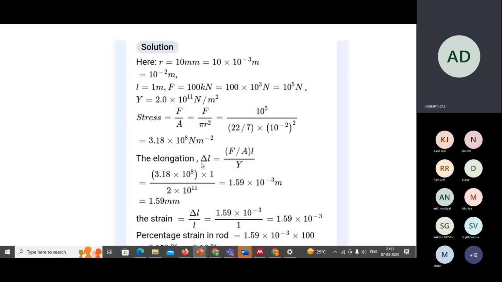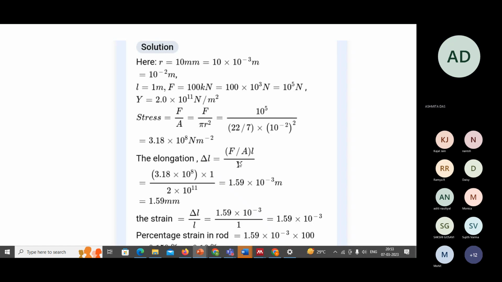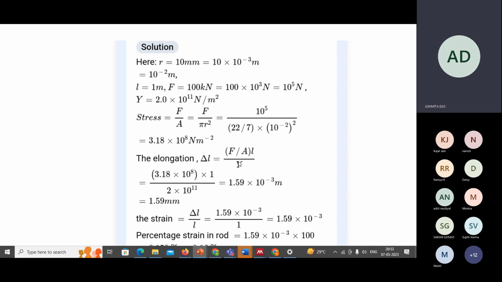So next, the elongation, that is del L by L equals F by A. Y equals F by A divided by del L by L. If we rearrange it, del L comes as F by A into L divided by Y. From there we can calculate it as 1.59 millimeter.